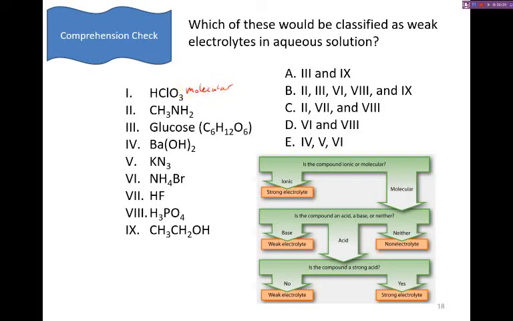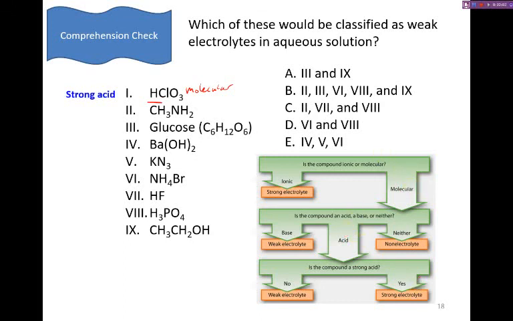We know that because there are no metals involved and there's not an ammonium ion. Now we ask, is it an acid, base, or neither? We know it's an acid because it starts with an H. Then we want to know, is it a strong acid? This is on our list of strong acids, so this is a strong electrolyte.